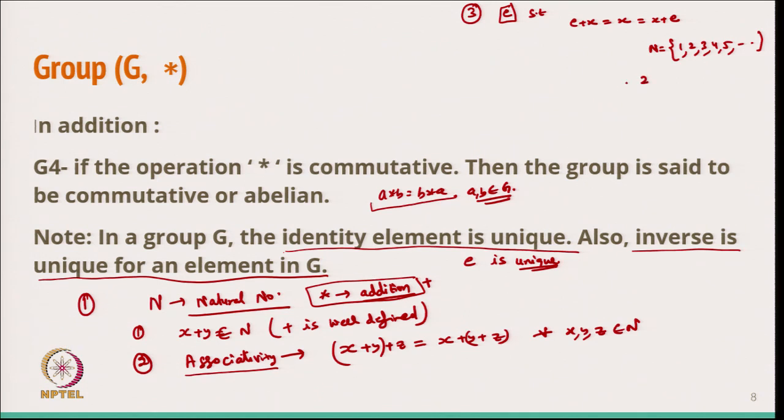Suppose I take 2, then what should E be so that I get 2? Obviously E should be 0, but that does not belong to the natural numbers N. So, this property is not satisfied. From here I can say that N is not a group under addition.